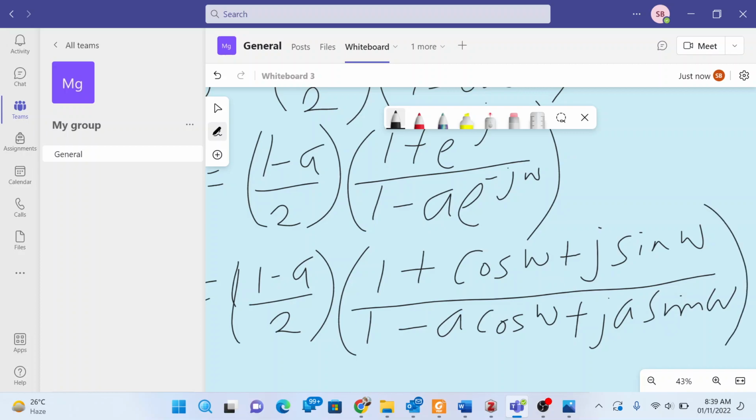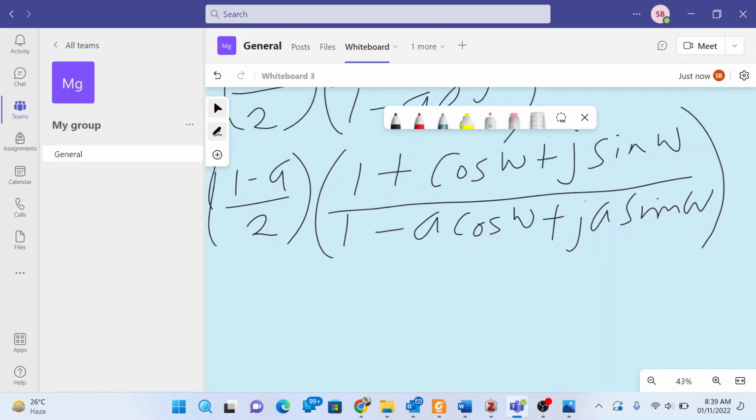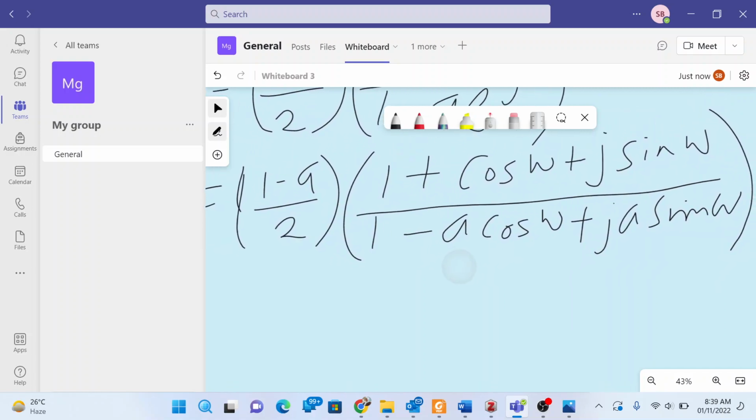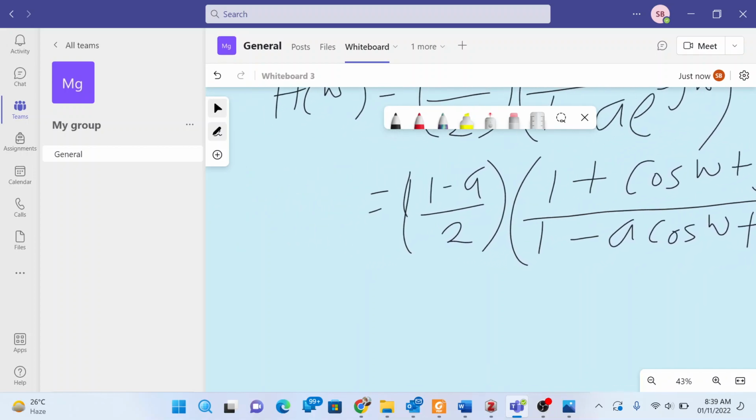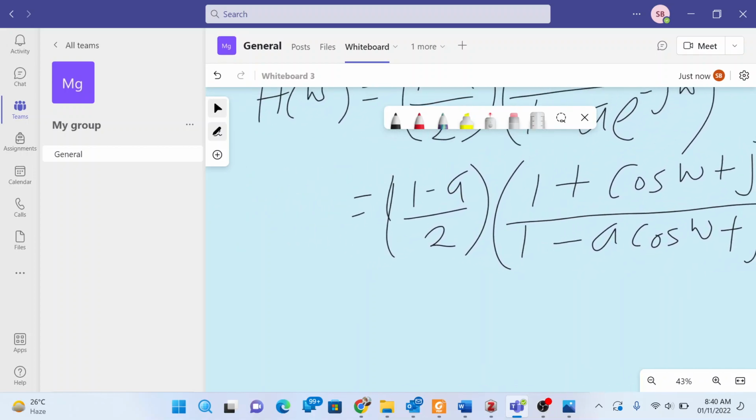So this is going to be the expansion. Now we want to put the real and the imaginary parts aside and find the magnitude. So this is H omega right now.